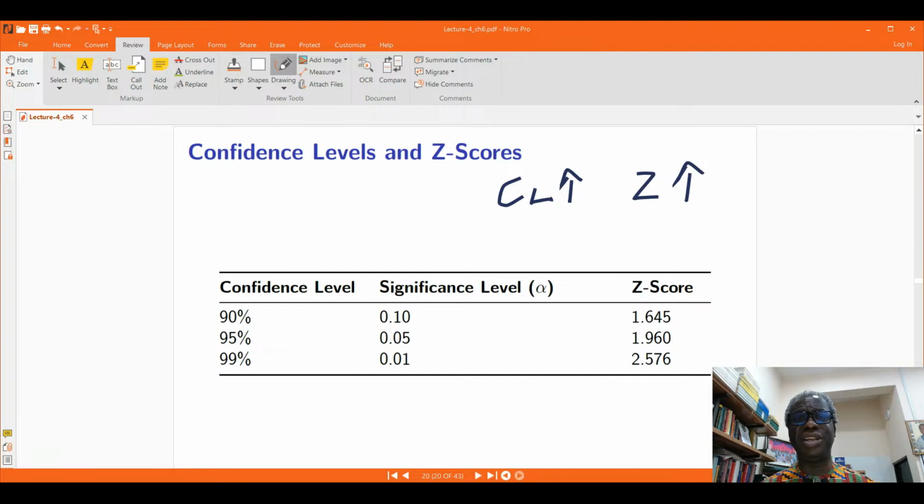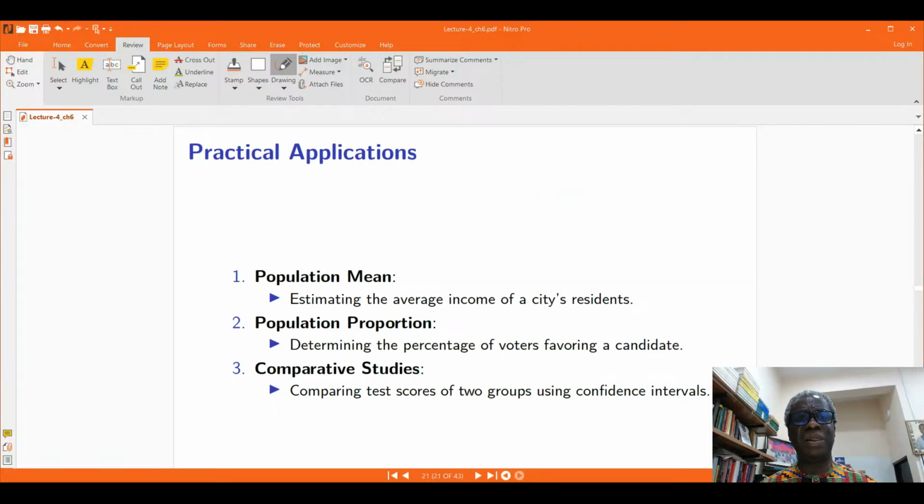I've already explained this, so don't forget these values. Confidence intervals are widely used in real-world scenarios.